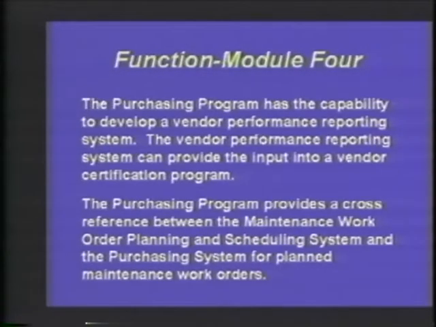The third activity has to do with the vendor performance or rating program. And this is basically how we would establish the various items within the appraisal or performance program and ultimately move into vendor certification. We will discuss all of these issues in this particular section.